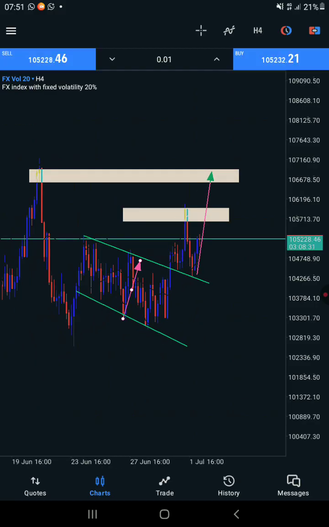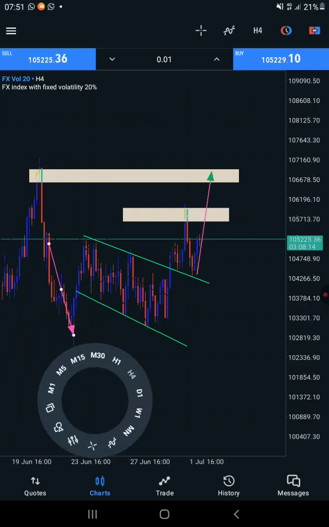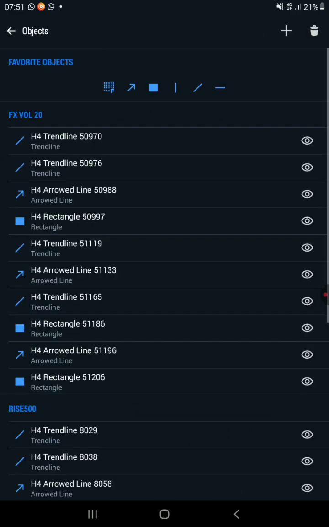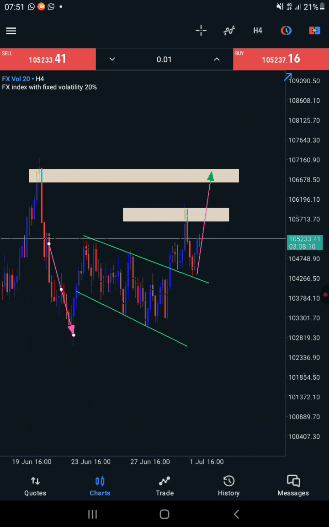If you want to enter a trade like this one, remember we look to the left down here where we have an area of consolidation, and what we have here is that the price was coming all the way from up there to down here, and it made a sharp move up to the opposite side. So this is like a drop base rally.